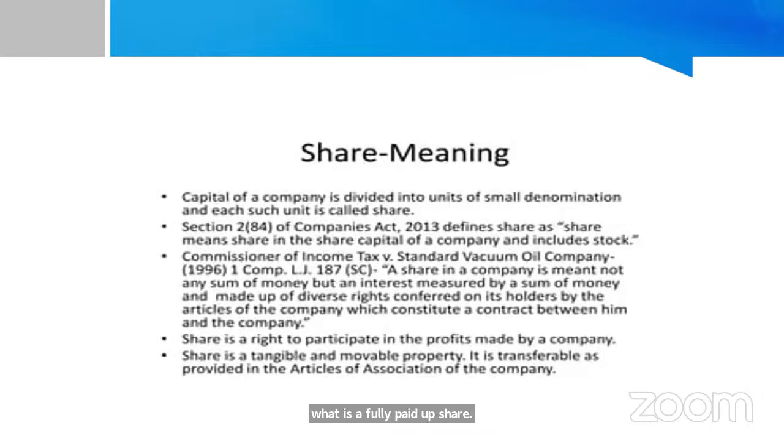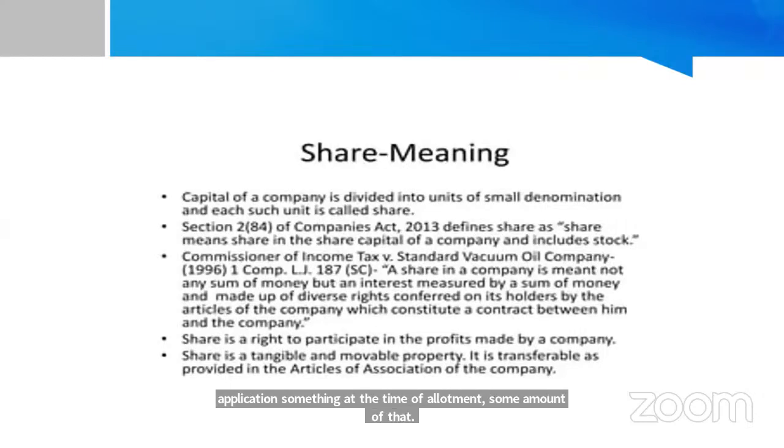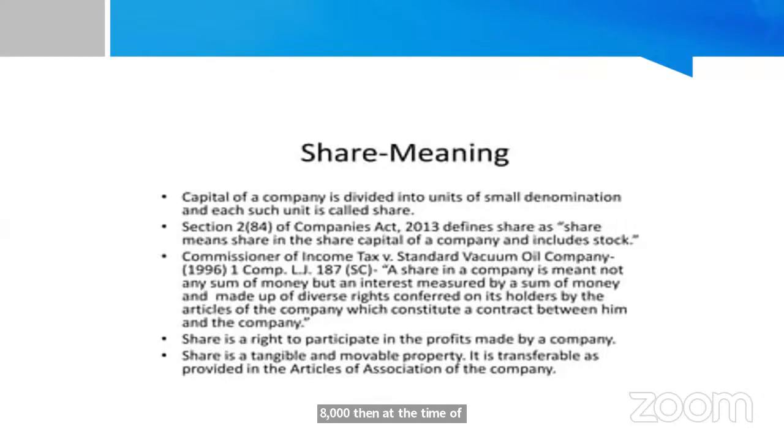Supposing I am holding shares of TCS. Let's say I'm holding 10 shares of TCS, and the total amount that I have to pay to TCS is 800 rupees per share. TCS will ask me at the time of application some amount, at the time of allotment some amount of that 8,000, then at the time of first call some amount, and final call some amount.